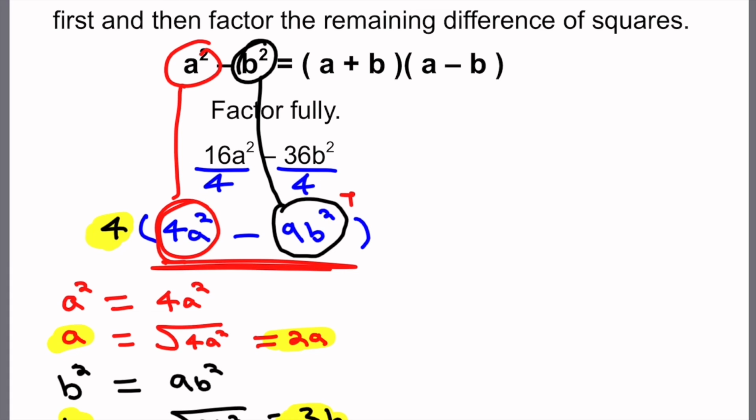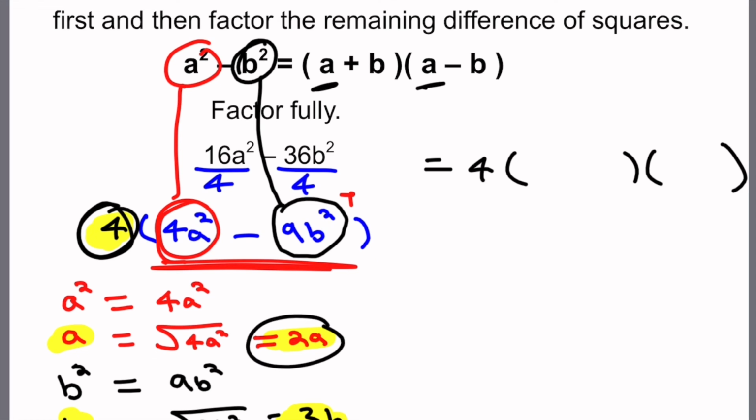So last step, let's just fill this into our answer. All right, so our factored answer right from the beginning. Remember that's 4. We got to save that 4, so that's part of our answer. Then we have our two brackets. Our a value comes first in both brackets, so our a value is now 2a. So we go 2a, 2a, and then we have one bracket with plus, one with a minus.